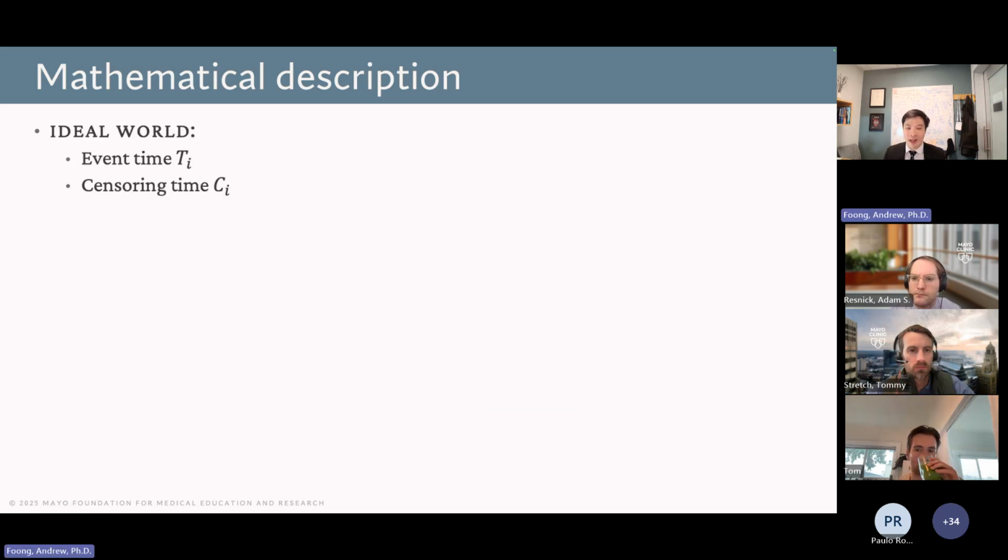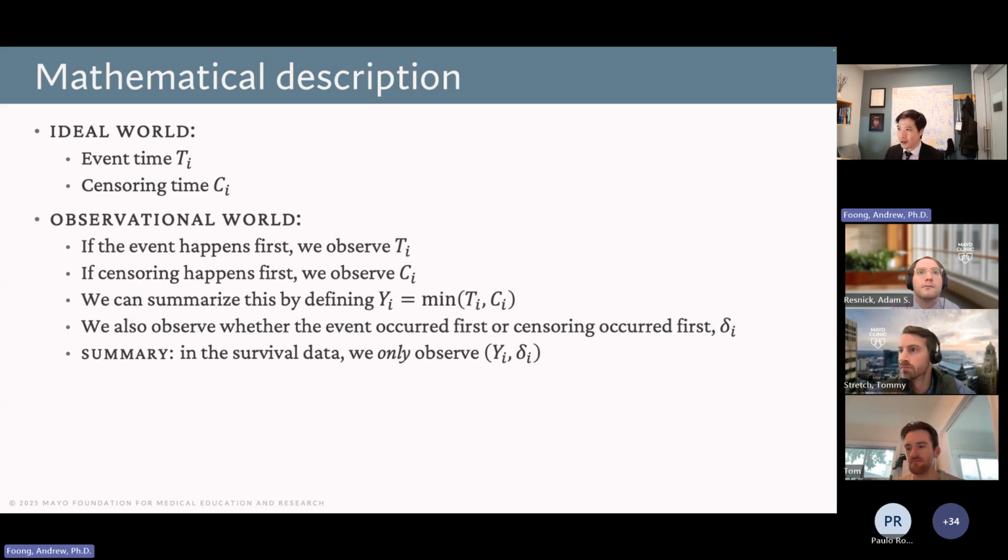So just to recap, in the ideal world, you have two variables. You have the event time and the censoring time. But in the observational world, you can't see all of these. Instead, what you get is, if the event time happens first, then you observe the event time. But if the censoring time happens first, you only observe the censoring time.